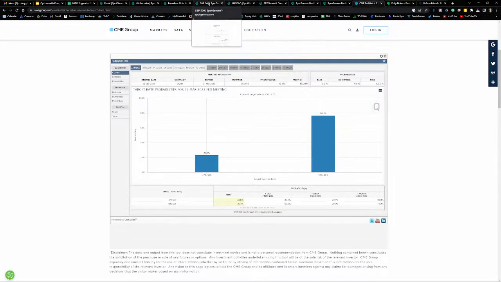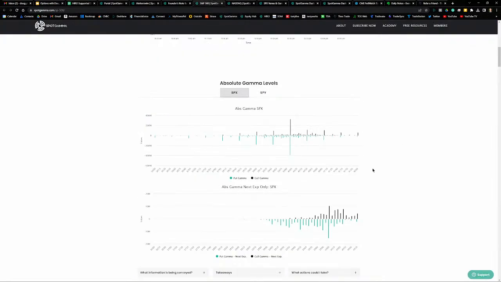All right, so here's the S&P 500, and this is the SPX, and there's that 4,000 key gamma strike, or absolute gamma strike, and it's been like that for quite a while. That's the strike with the largest absolute gamma, and that can act as support, resistance, or a magnet for price. And then the put wall is at 3,900.